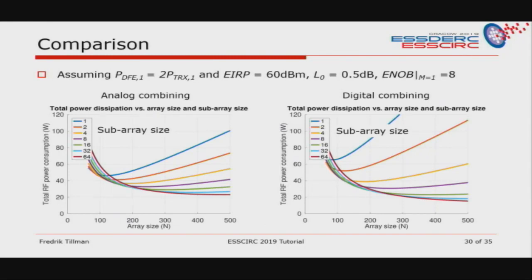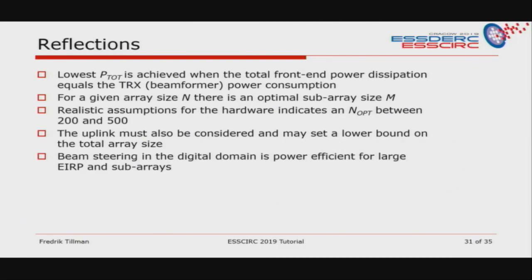So then a few reflections on my side. First of all, we saw in the presentation that we have two different parts of the equation that we need to balance. That is the EIRP related part that corresponds to the power radiation of the system that we need to produce.